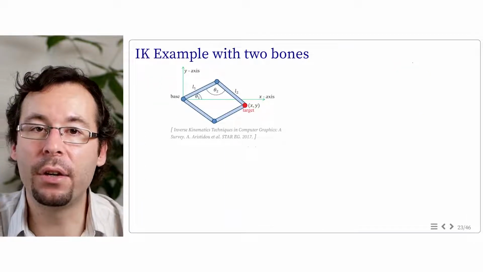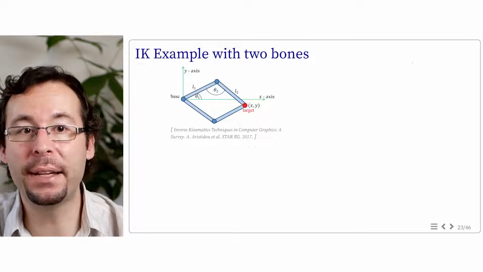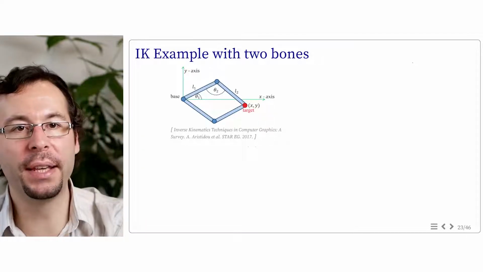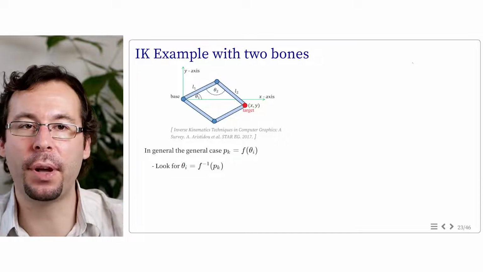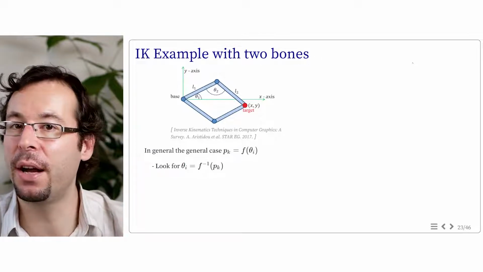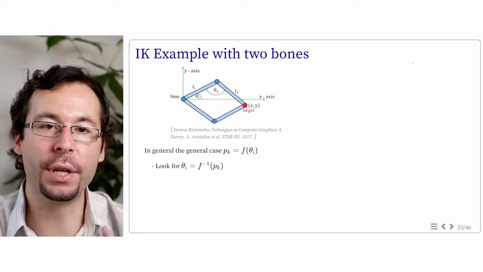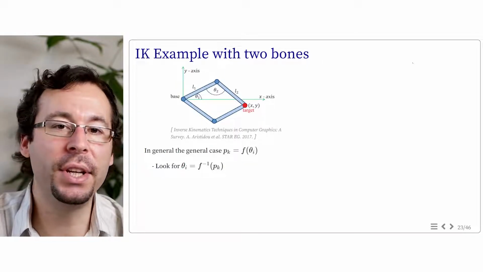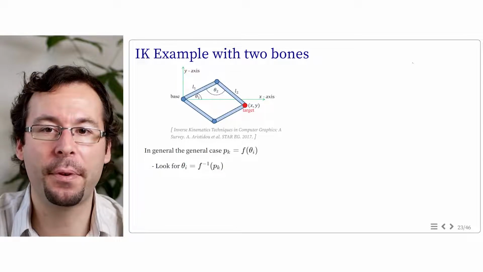Also, one thing we can note is that IK is a complex problem actually. In the general sense, we have a position p_k as a function f of several angles θ_i, or rotation in 3D, and we try to find the θ_i as the inverse of this function f.